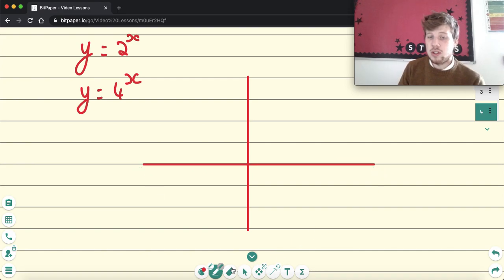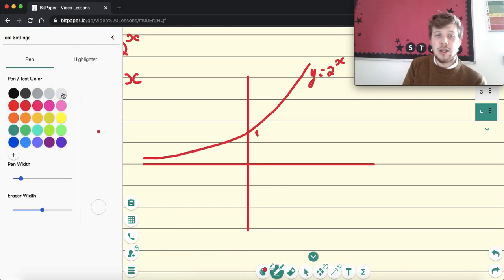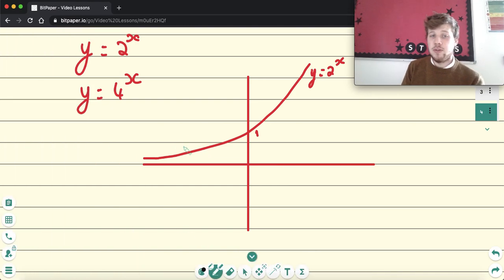So, what do I mean by this? So I'm just going to draw on y equals 2 to the x, and it goes through at 1. This is y equals 2 to the x. What I'm going to draw on now is y equals 4 to the x, and what we should see is that it is going to approach 0 a lot faster, and then when it cuts through the intersection point, it's going to approach infinity a lot faster. So this is y equals 4 to the x.